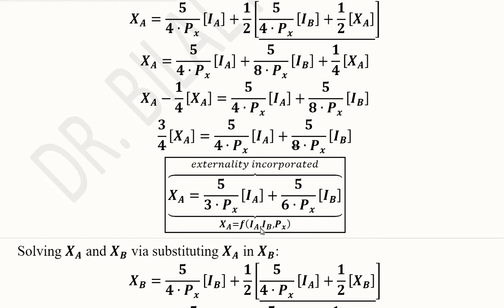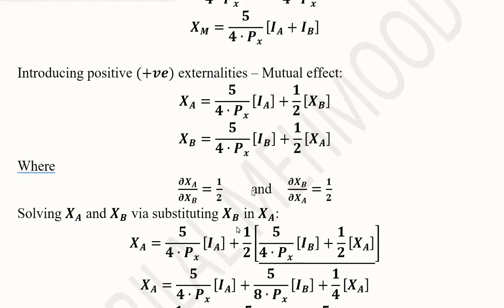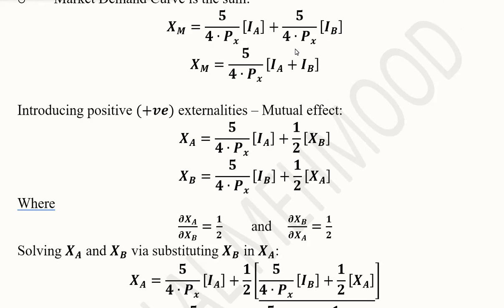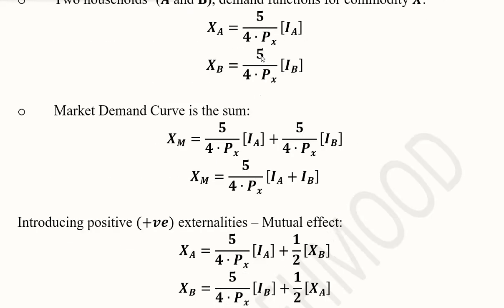These three terms are there in this demand function, whereas the original demand functions without externalities did not have the income of the other household.